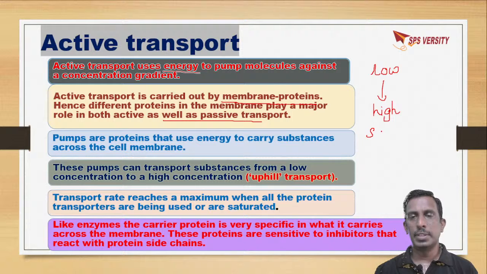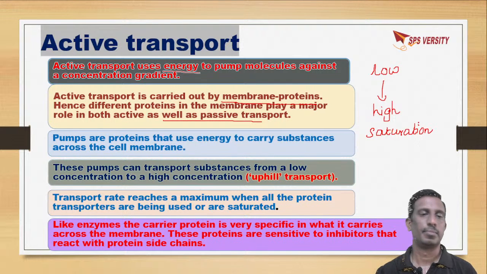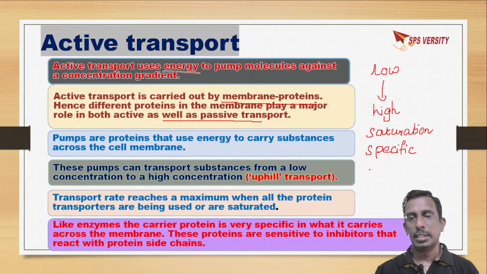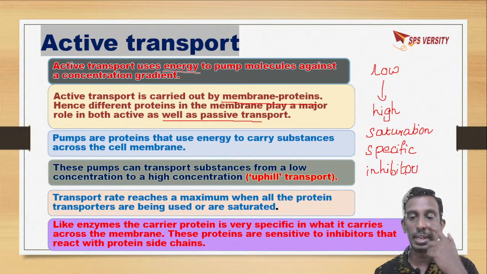Here also, like facilitated diffusion, it reaches saturation. And they are also very specific. They will carry specific types of substances. And they are sensitive to inhibitors. So the proteins which carry the substances are sensitive to inhibitors.